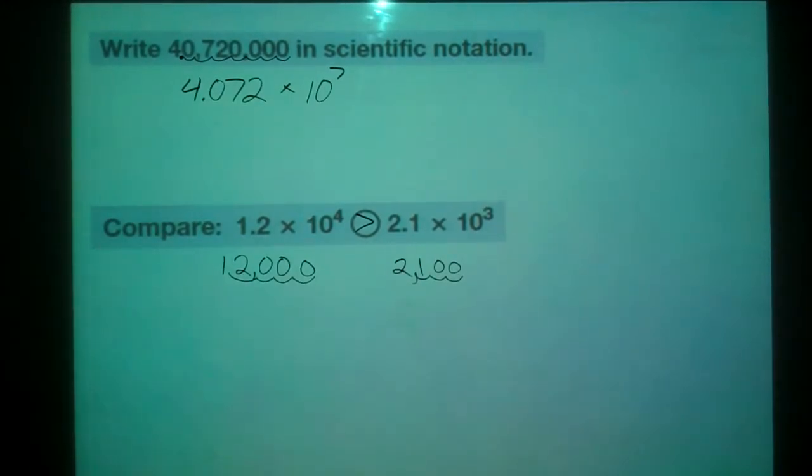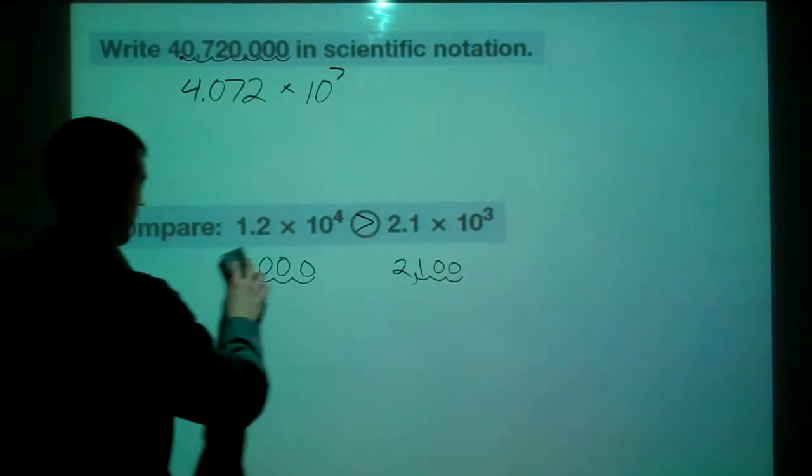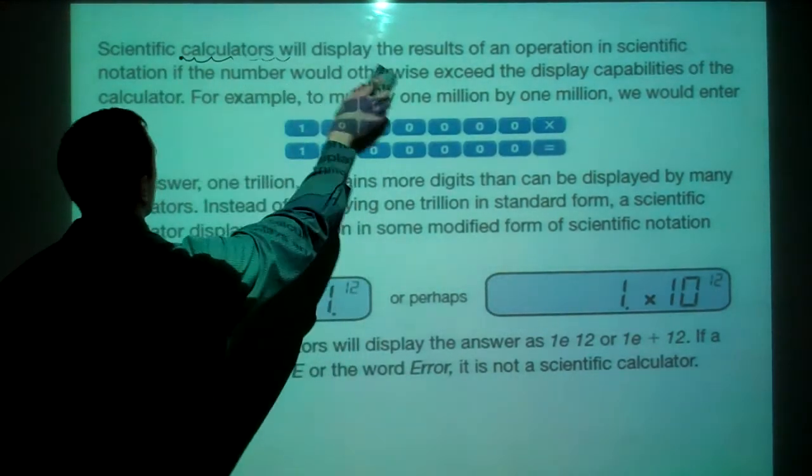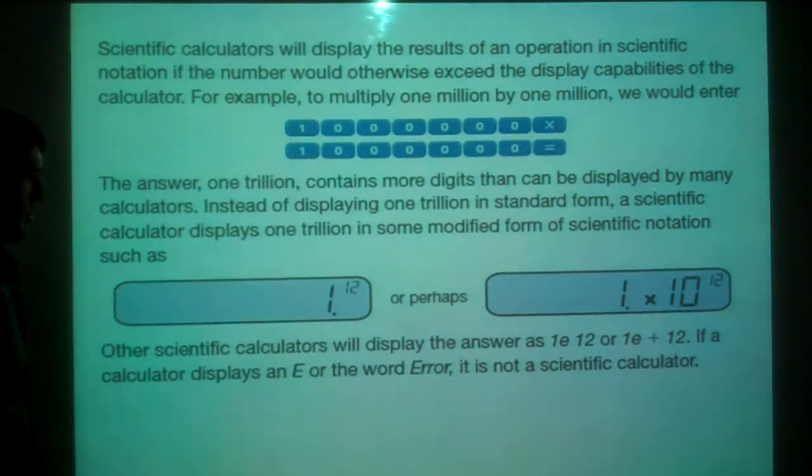Alright, we are getting close on time, but I think we're about done. I just wanted to point out once again that when a calculator can't fit all the digits, it displays them in different forms.